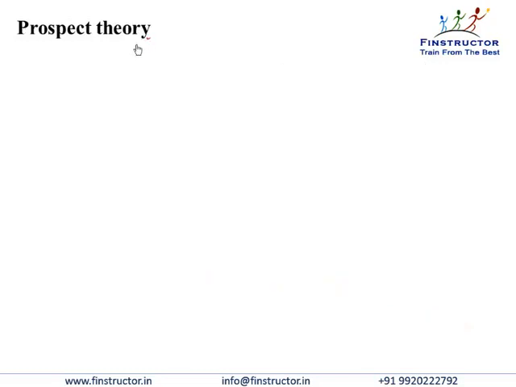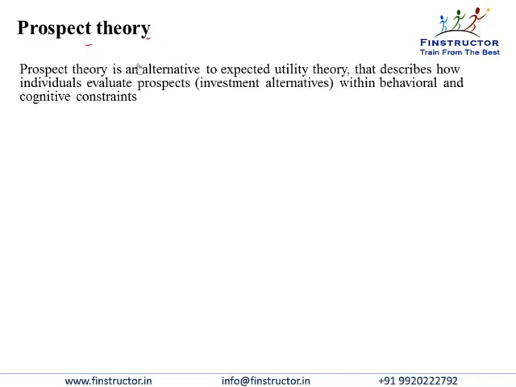Now, arguably the most important aspect of editing and evaluating decisions, or the decision-making process from a behavioral finance perspective, is the concept of prospect theory. So prospect theory is an alternative to the traditional finance method of expected utility theory that describes how individuals actually pick investment alternatives or pick portfolios or evaluate prospects within behavioral and cognitive constraints.